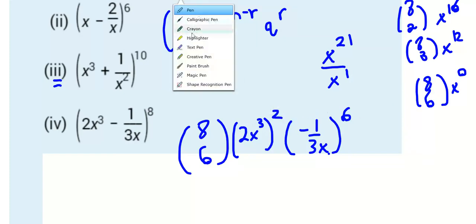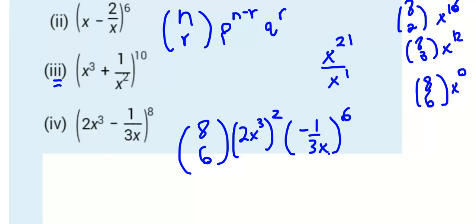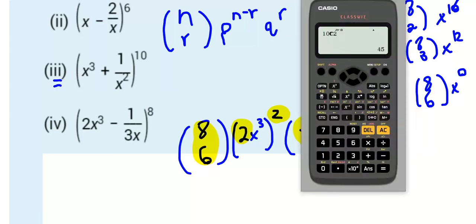Now, your targeting is very important here. What you're actually inputting into your calculator is key. So we go: the 2 squared, the minus 1/3, and the 6. See the way I'm ignoring the existence of the x's? That's very important because then you can do it all in one go.